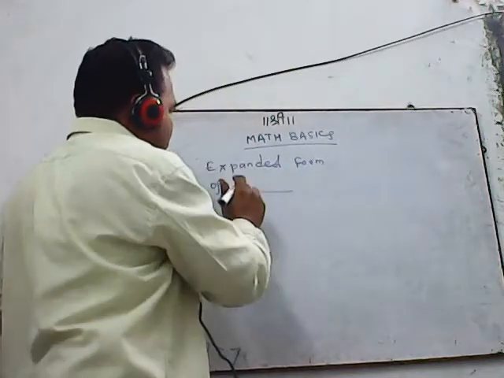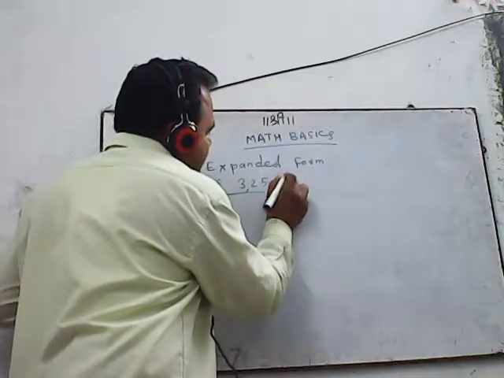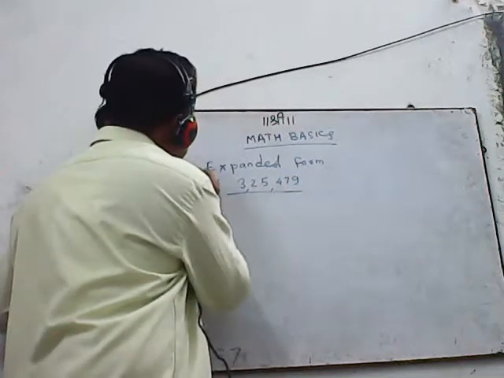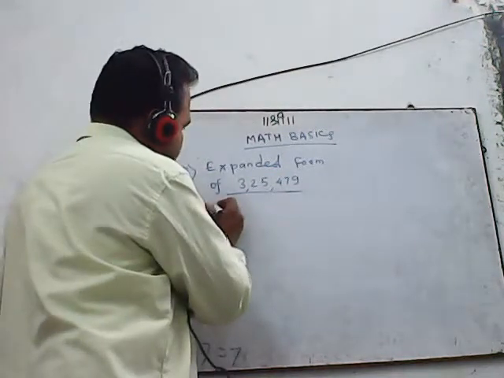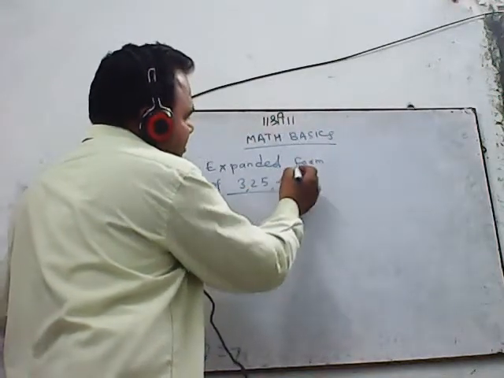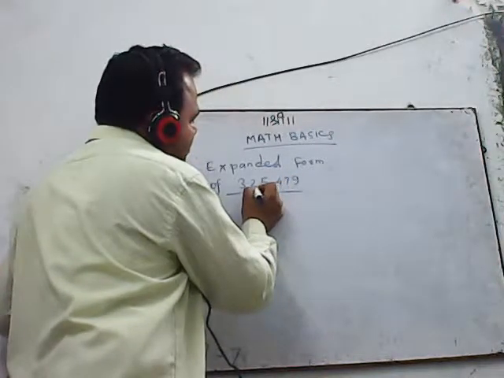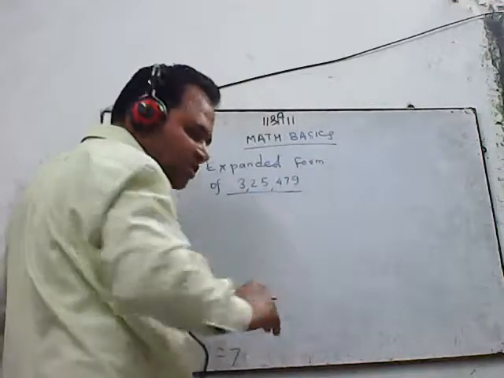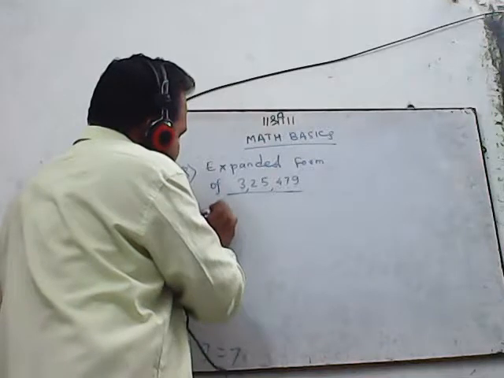Suppose you are given this number and you have to write down its expanded form. How will you write this? You should know the place of each and every digit. This is at the unit place, this is at the tens, this is 100, this is 1000, this is at 10,000, this is at lakhs. So we can write this number as 3,25,479.